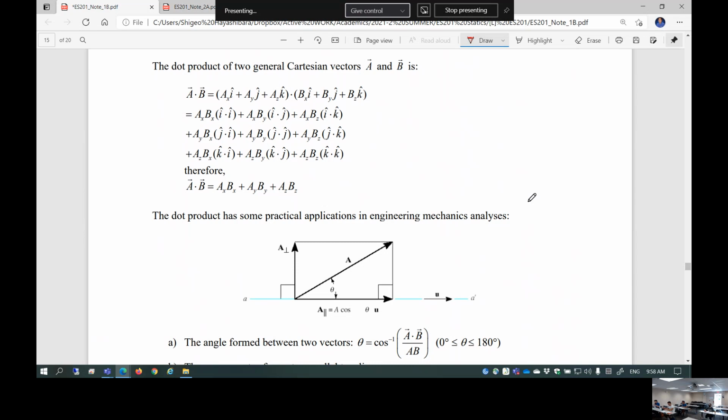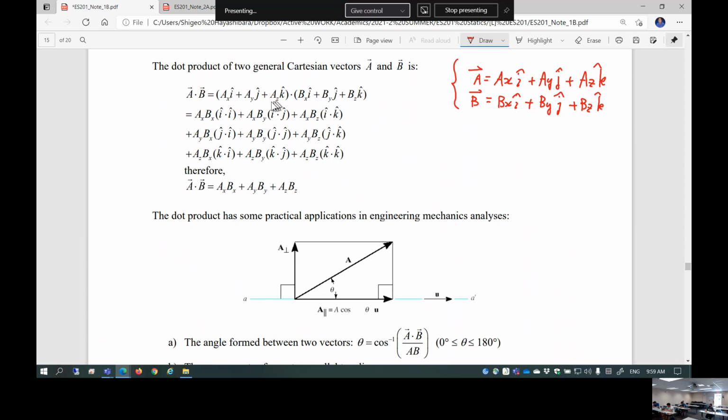So having said that, you can basically take the actual dot product between two vectors. Vector A, of course, is a Cartesian vector, AX i plus AY j plus AZ k. Now vector B, of course, concurrent Cartesian vector, BX i plus BY j plus BZ k. So this is Cartesian vector A and B concurrent.